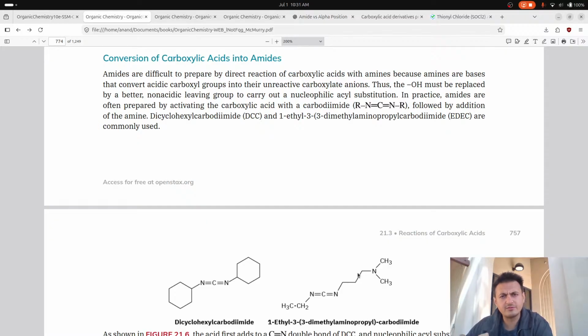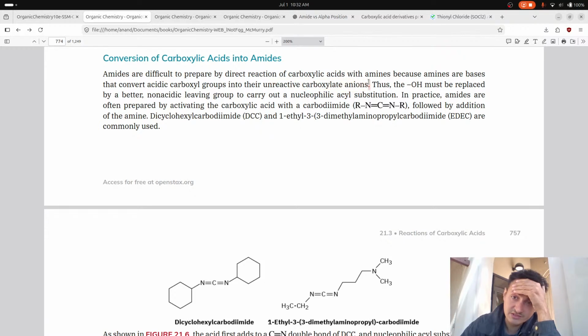Amides are difficult to prepare by direct reaction of carboxylic acids with amines because amines are bases that convert acidic carboxyl groups into their unreactive carboxylate anions.